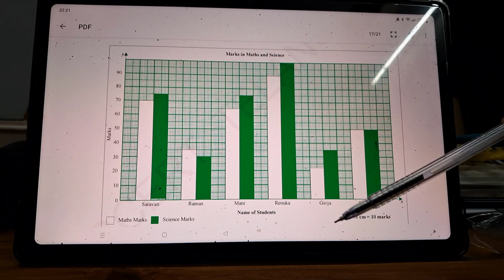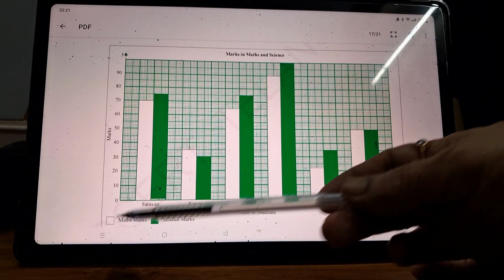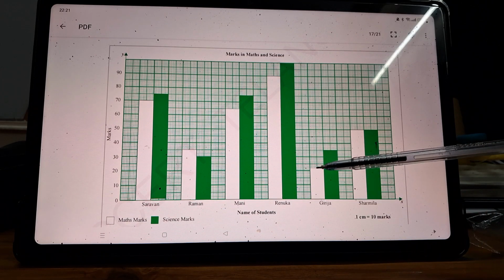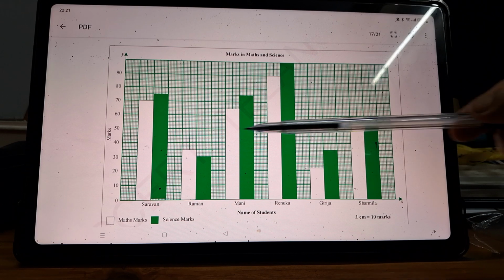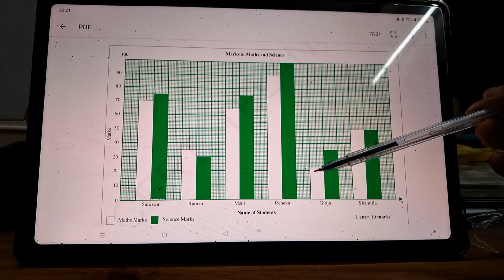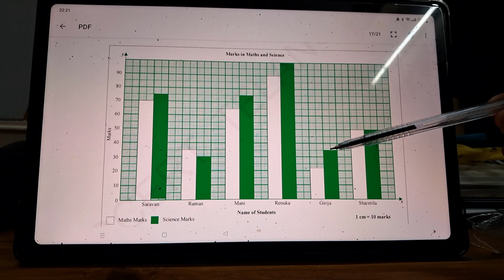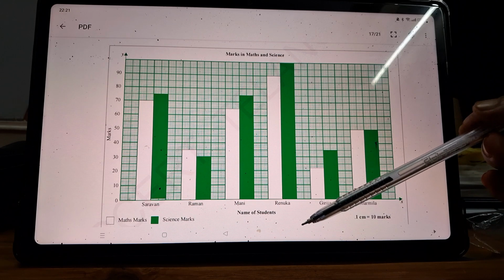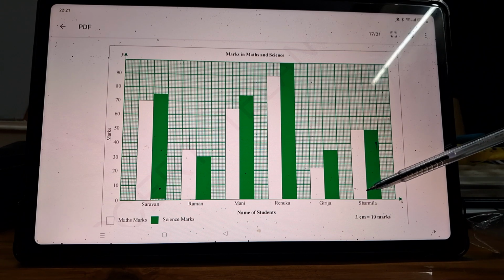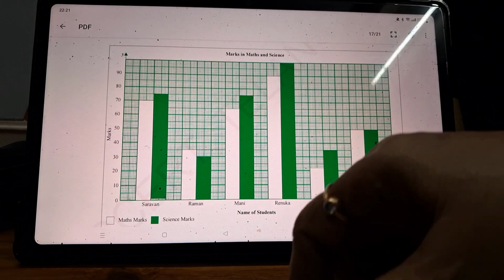And Girija has got in maths, 20 and the distance is 10, so I can say 21, 22 in maths, and in science it is 35. And Sharmila has got 50 marks in maths and 50 marks in science.